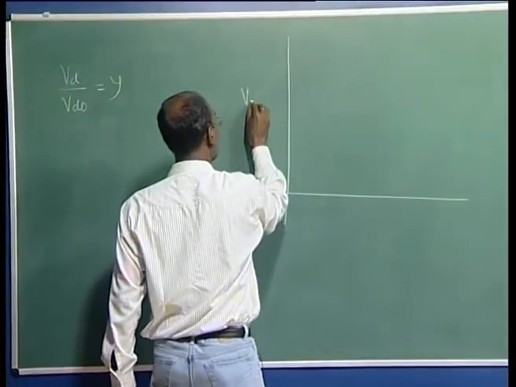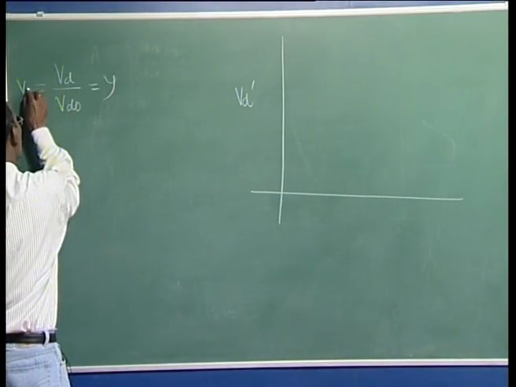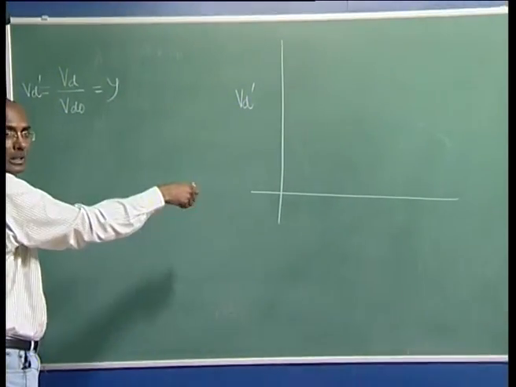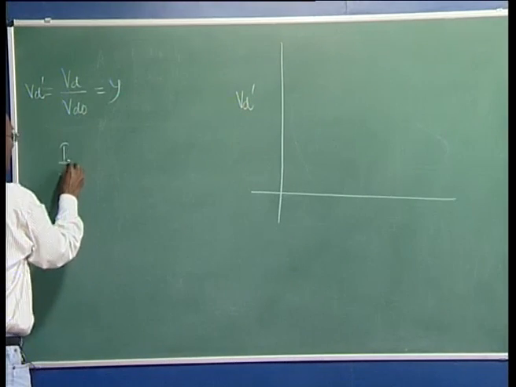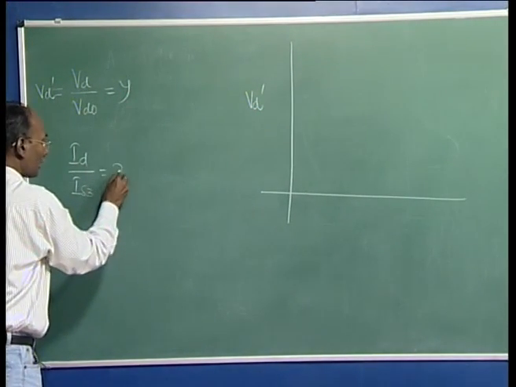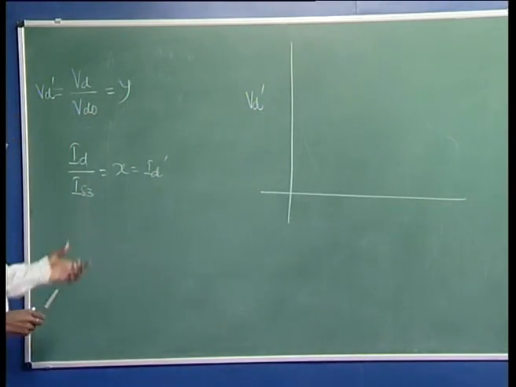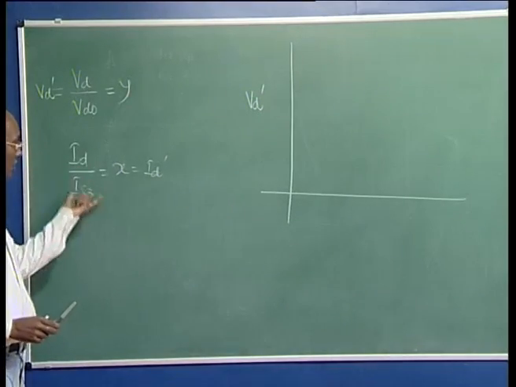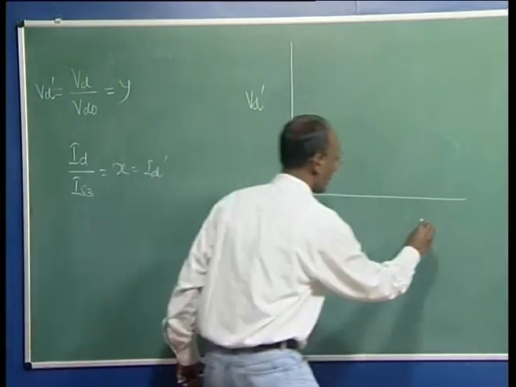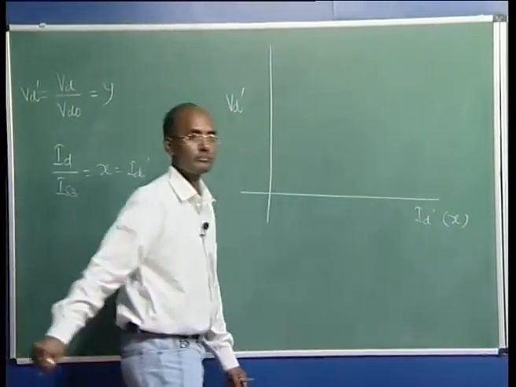So this is your Vd prime, means this axis, and your x axis is Id divided by IS3, or I can say Id prime, in per unit, because you are dividing by the base value and getting the per unit here. This is your Id prime, or you can say the x axis.